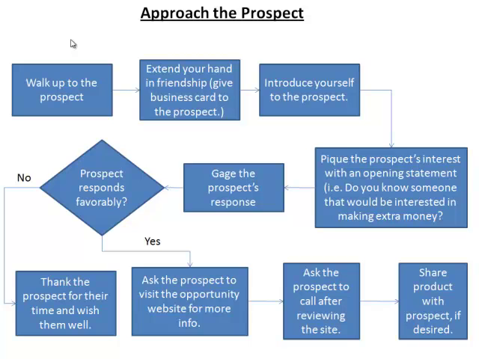In the define phase, we talked about the high-level process map, which laid out 6 or 7 major steps associated with our entire process for the network marketing opportunity. But now we have honed in on what area of the high-level process map we want to address, and that particular step was approach the prospect.